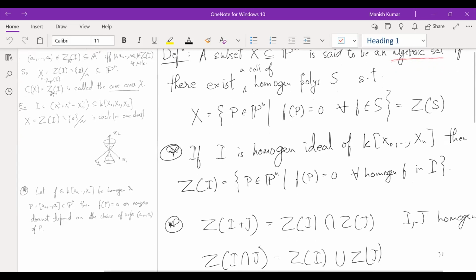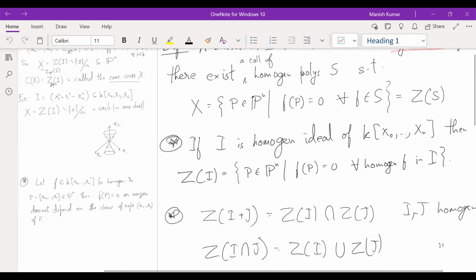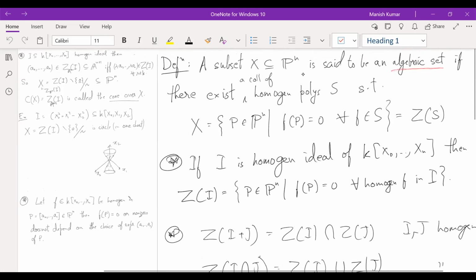But let me complete this set of definitions for algebraic sets. Remember, in the affine case, the zero set of some collection of polynomials is the same as the zero set of the ideal generated by those polynomials.